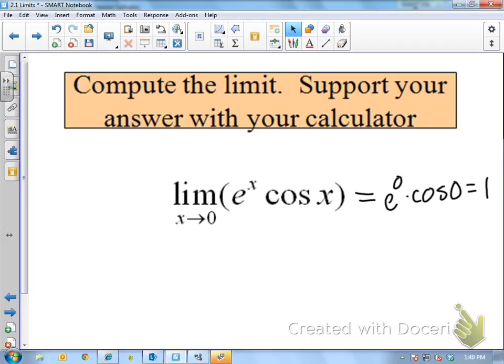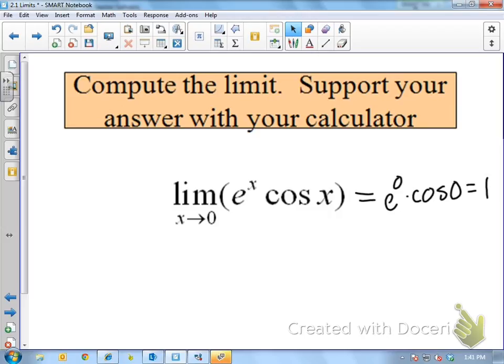What numbers would I pick so I get close to 0? 0.1, 0.01, 0.001. What about in the negative direction? This one always throws me for a loop. We want it to be negative 0.9, but that takes me close to negative 1. Negative 0.1, negative 0.01, negative 0.001.